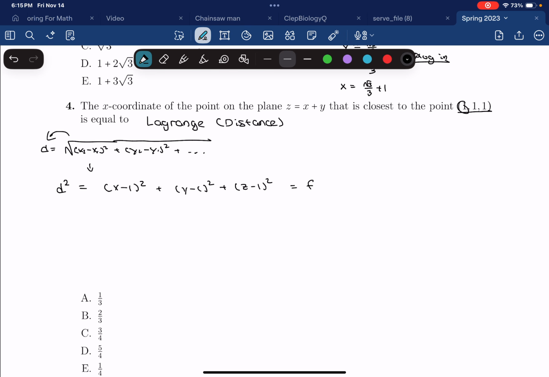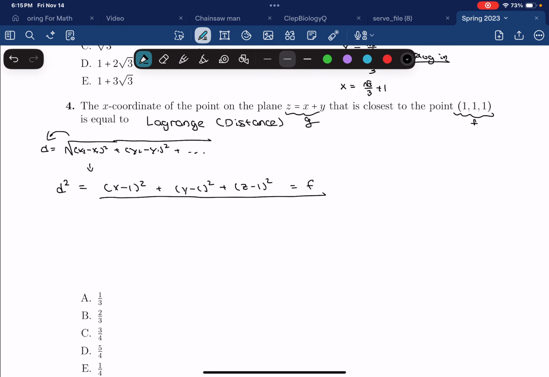If you watch the video, I think it might be 2019 or spring 2025, this same kind of question pops up. I think this one is a little bit easier than that one just because it's only using a much smaller constraint right here of g. But this is how you generally want to set it up.